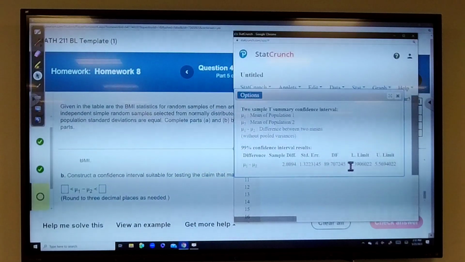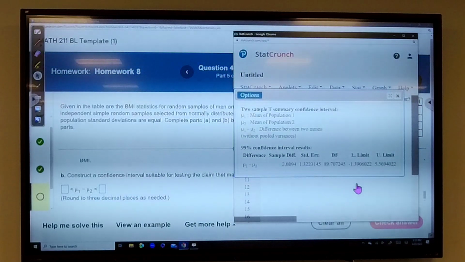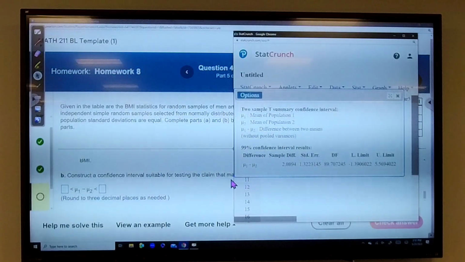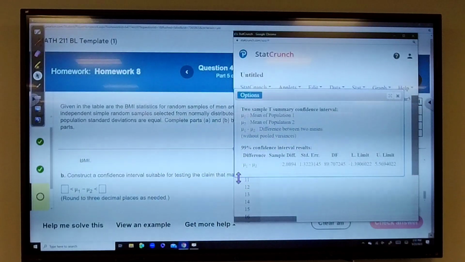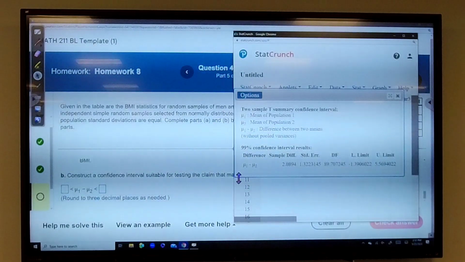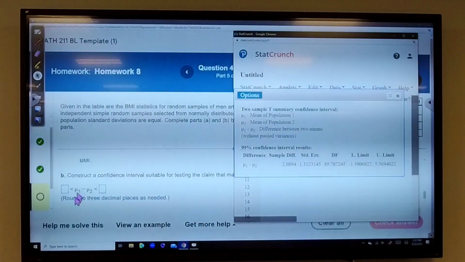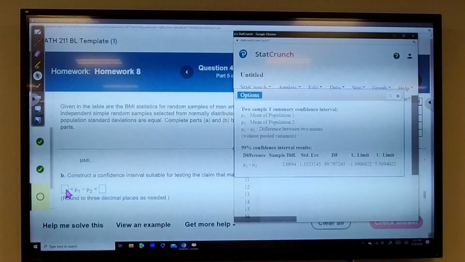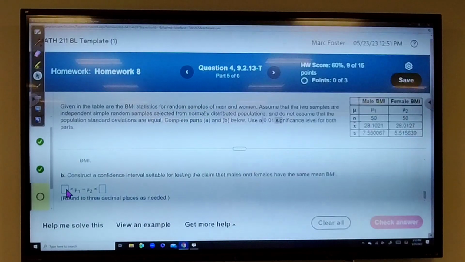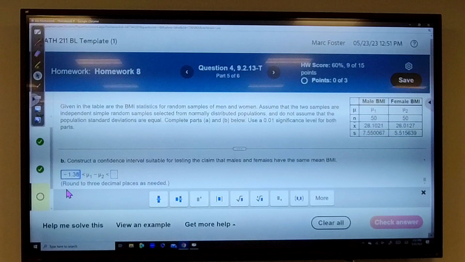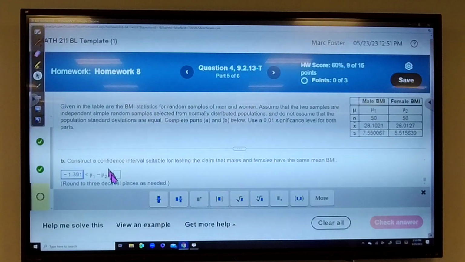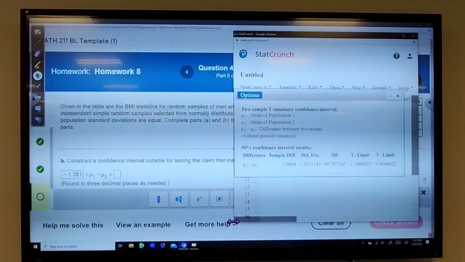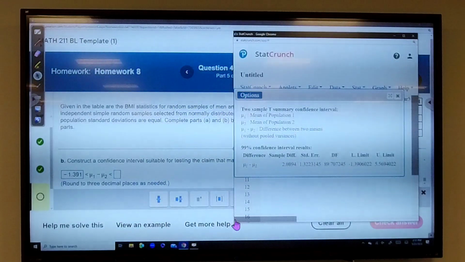I got a negative lower limit and a positive upper limit. So 0 is in the confidence interval. I'm 99% sure that the difference between the BMIs of men and women could be 0. Could very well be 0. So to 3 decimal places, minus 1.391 and positive 5.569.